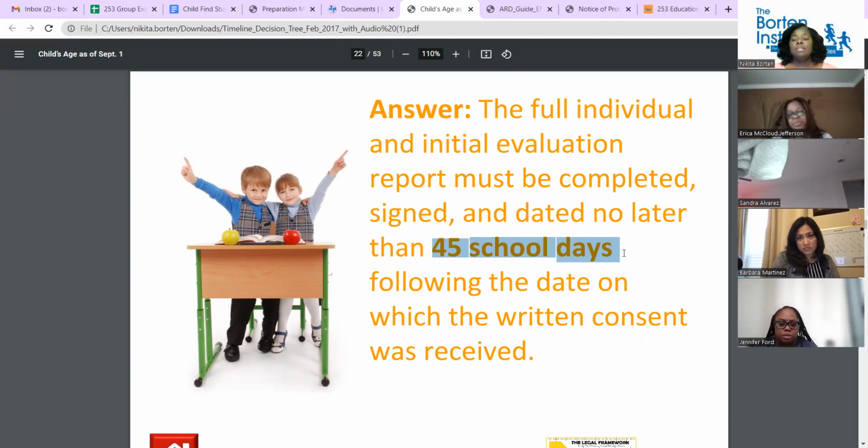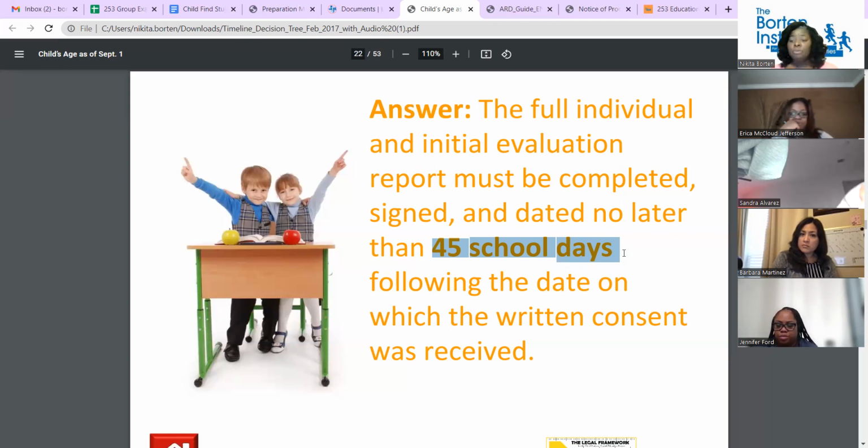If you get consent and there's only 17 days left, you're going to count 1, 2, 3, 4, 5, and then it picks up the next school year when school starts, August 1. So you would pick up counting 18, 19, 20. So you would see that the initial due date would be August 17 or August 30th or September 1st.